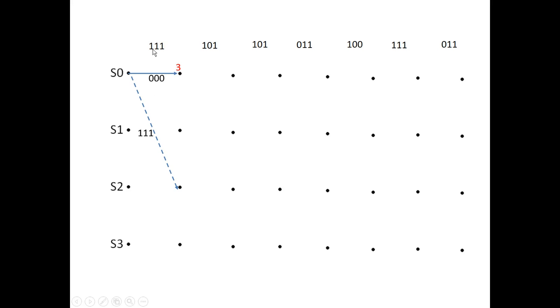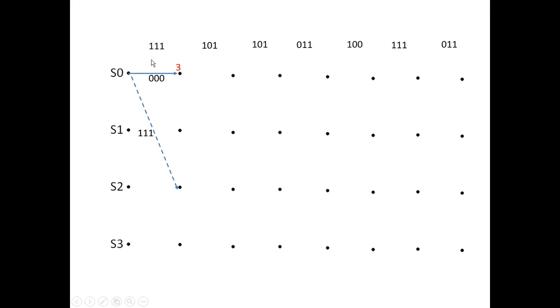Here 1 is changed to 0, so there is a 1 bit change. Here again 1 is changed to 0, again a 1 bit change. Here 1 is changed to 0, again a 1 bit change. So a total of 3 bit changes between the received code word and the encoded code word. So we can say that the metric value is 3. This node value is 3.